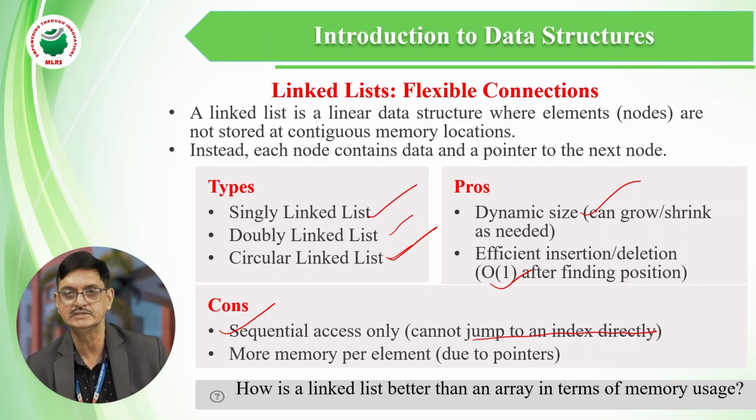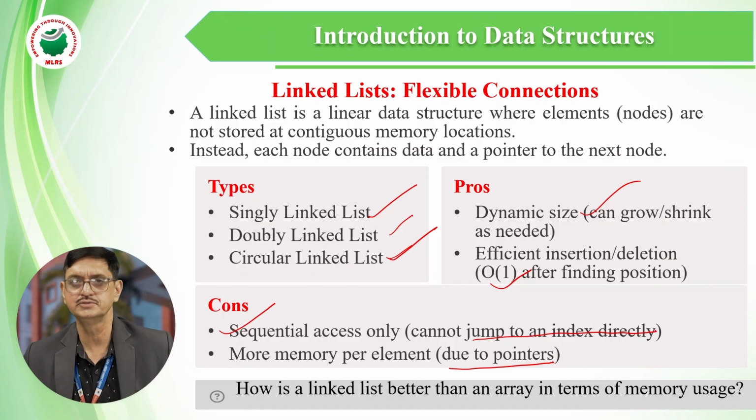It not only maintains the data, but we need to maintain the address to the next location also. Due to the pointers, we require a little bit more memory. But this little bit more memory, whatever we are using for pointers, is negligible when compared to the data we are maintaining as the data part of the node.